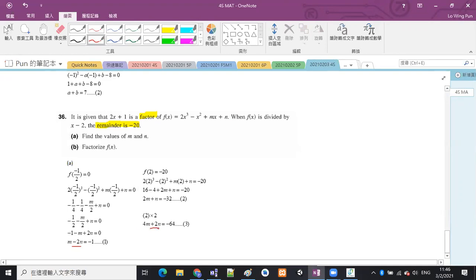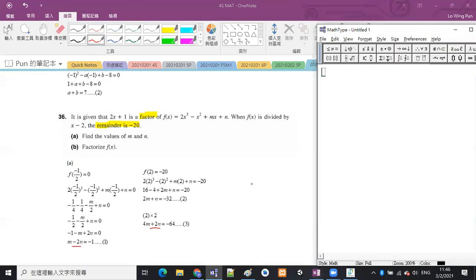Can you see this? One is negative 2n, the other is positive 2n. So when I add equation 1 and equation 3 together, the m column is m plus 4m, that is 5m, and the n column cancels. The constant term on the right hand side is negative 1 plus negative 64, so that should be negative 65. So m is equal to negative 13.